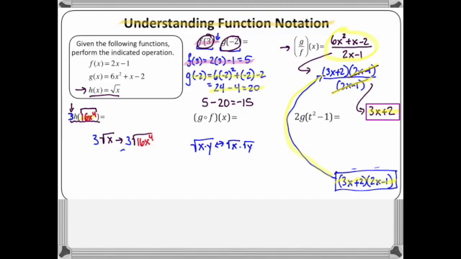So what we're going to do is that we have 3, and I'm going to take the square root of 16 and the square root of x to the fourth, and just kind of break them down, right? This is going to be 4 times 4, so I know that the square root of 16 is going to be 4. And I got this guy that breaks down to x squared times x squared, so I know that the square root of x to the fourth is going to give me x squared.